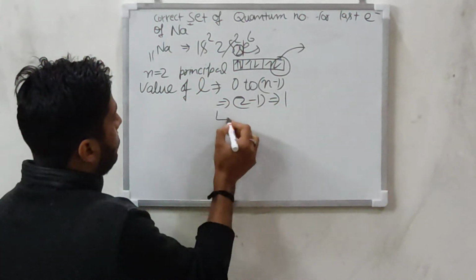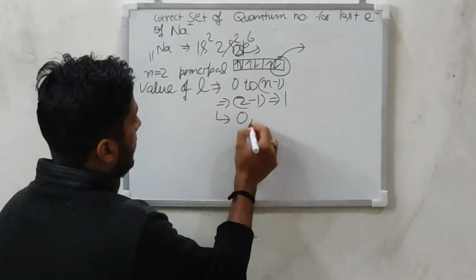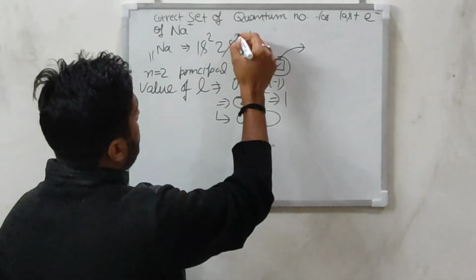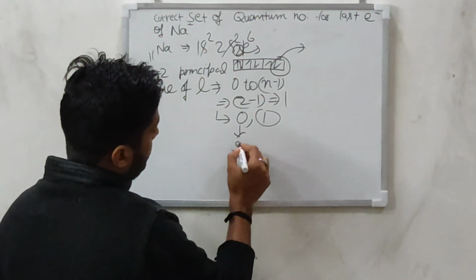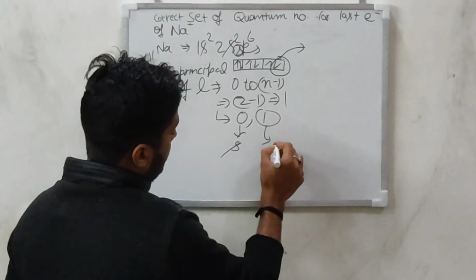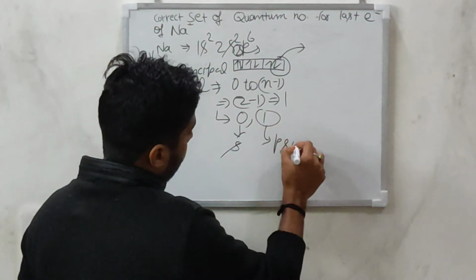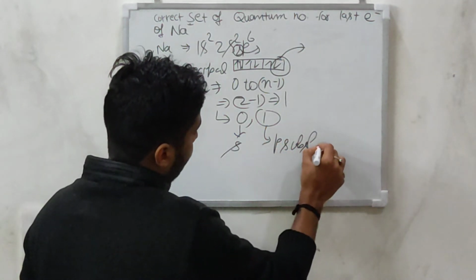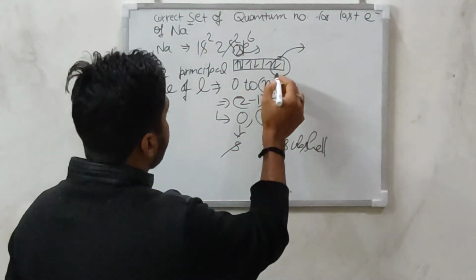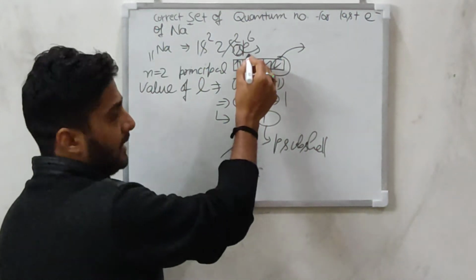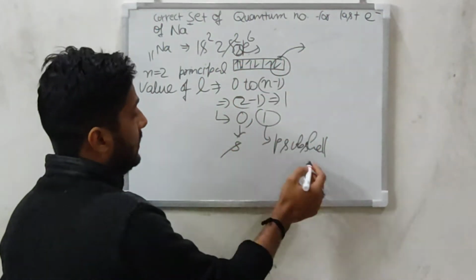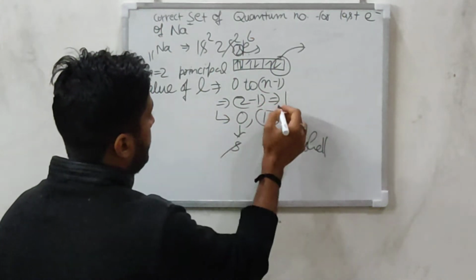There are two values, 0 and 1; 0 represents the s subshell and 1 represents the p subshell. This electron lies in the p subshell, so the value of l is 1.